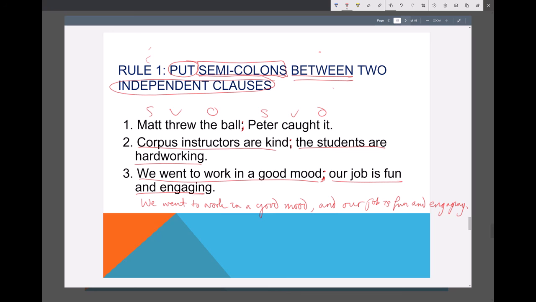So whether you use a comma with a conjunction for independent clauses or use a semicolon by itself is up to you. But remember, if you have a conjunction, you use a comma. If you don't have a conjunction, use a semicolon. And which clauses are these for? Independent clauses. Clauses that can be sentences by themselves.